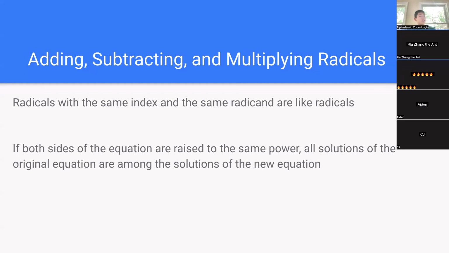If both sides of the equation are raised to the same power, all solutions of the original equation are among the solutions of the new equation. This is pretty much just a fancy way of saying if you raise both sides to the same power, your answers will stay the same. It won't change anything. Much like if you multiply both sides of the equation by the same number.